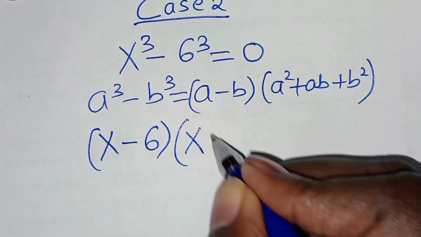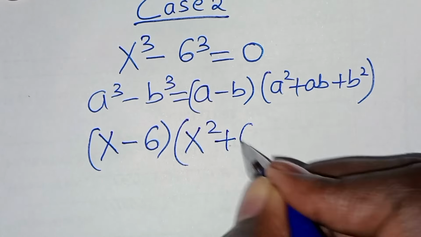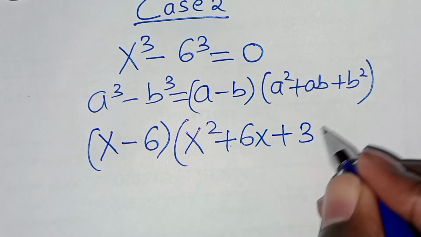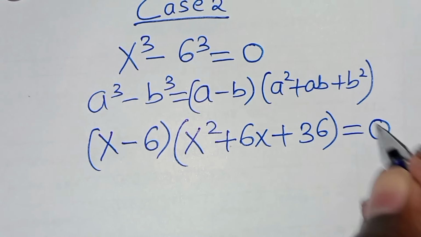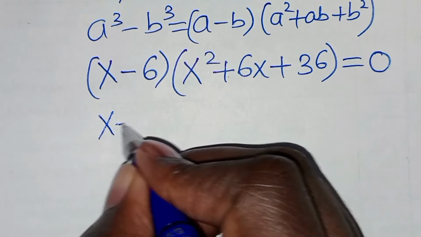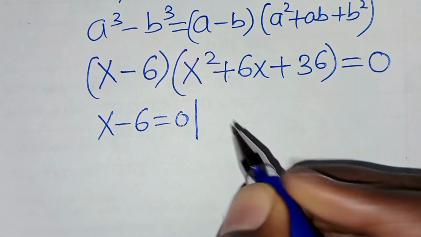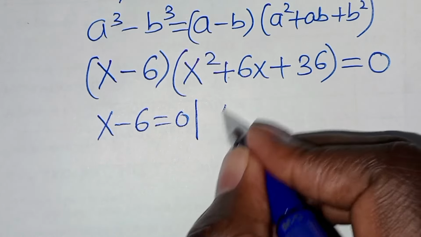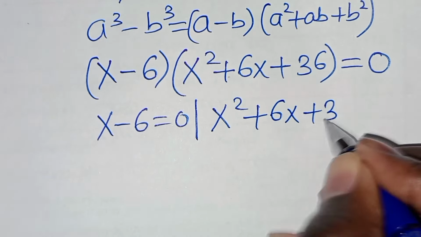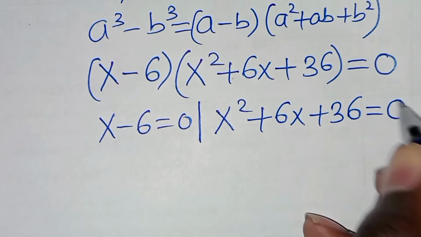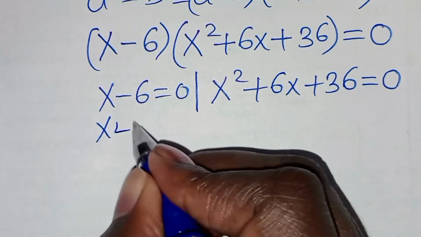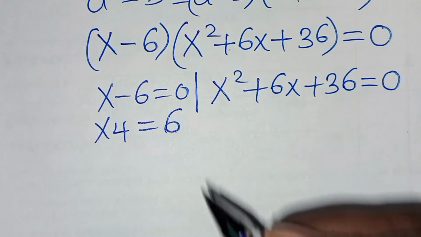Then here we have x squared, then plus 6x, then plus 6 squared, which is 36. This is equal to 0. So we have two parts here. The first part is x minus 6, which is equal to 0. The second part here is x squared plus 6x plus 36. This is equal to 0. So this implies that here x4 is equal to 6.